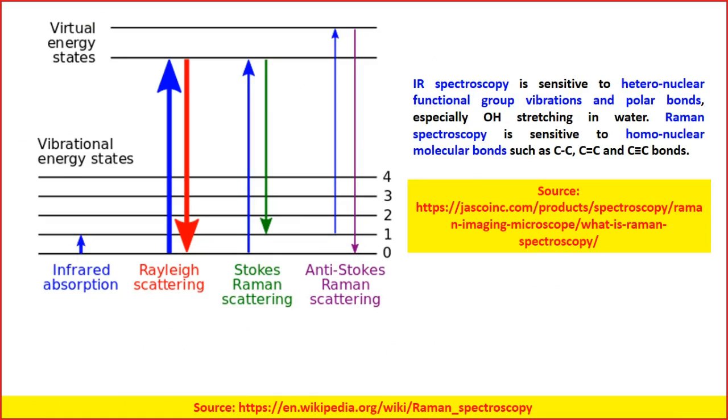Now, this is the energy diagram. We have different levels. From the zero level, if you irradiate the molecule with h mu naught radiation, the electron will go to a higher energy level, regarded as the virtual energy state.